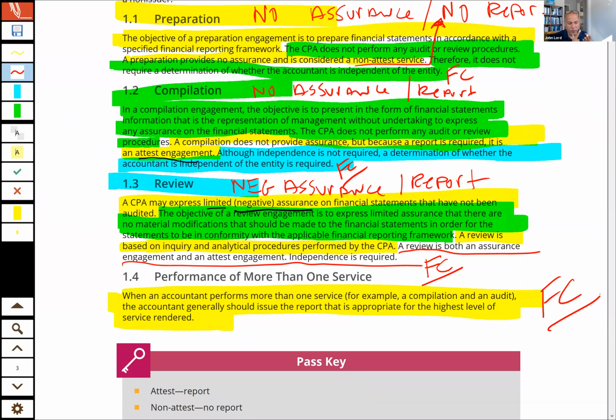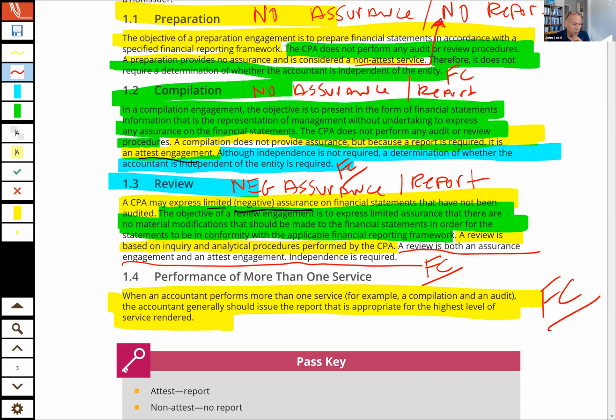I mean, we did a variety of procedures, including at the end of the engagement, I got a management representation letter. And in the management representation letter, they signed that they were responsible for the financial statements. So if management takes responsibility for the financial statements, then you're able to go ahead and do the preparation.